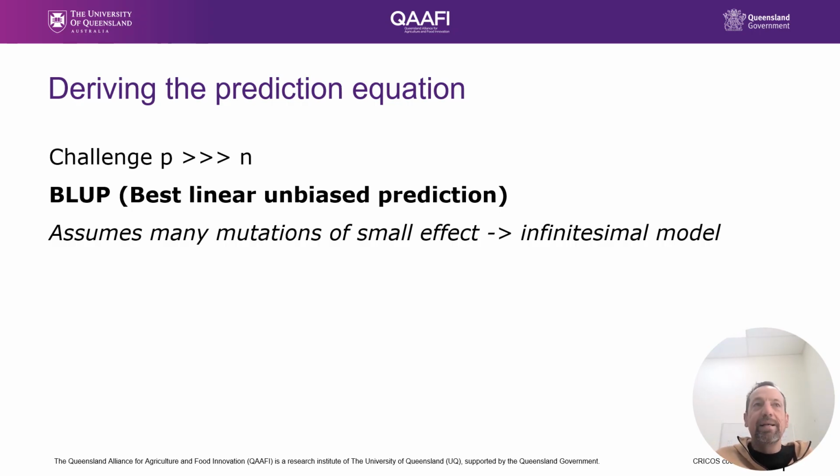So we need methods that can deal with this. Perhaps the most widely used method is BLUP, Best Linear Unbiased Prediction, and its equivalent GBLUP. This method assumes many mutations of small effect, very close to the infinitesimal model, in fact.